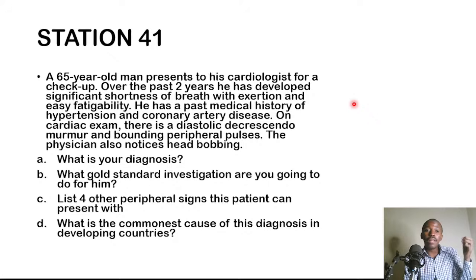The physician also notices head bobbing. What is your diagnosis? What gold standard investigation are you going to do for him? List 4 other peripheral signs this patient can present with. What is the commonest cause of this diagnosis in developing countries?